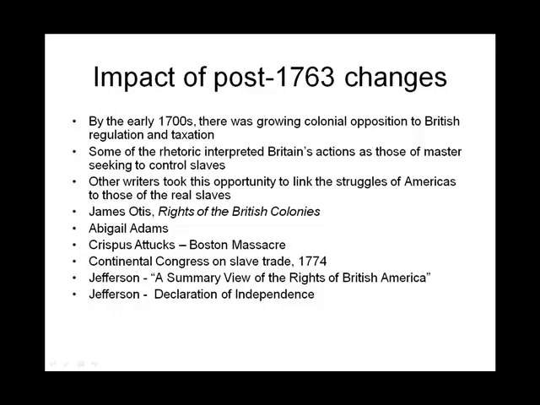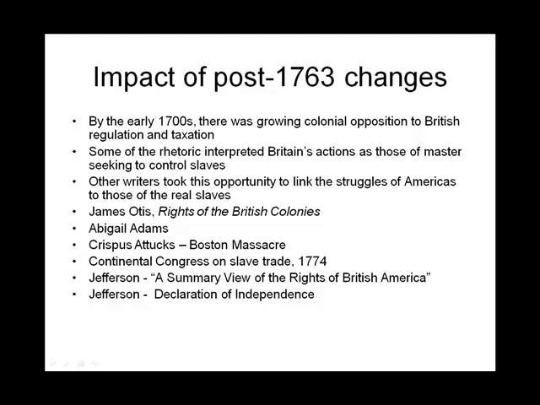You also have some of the leading revolutionary speakers like James Otis, who make this same connection in a pamphlet called The Rights of the British Colonies. He affirms the right of African Americans to be free in the same way that other British colonists are claiming freedom.